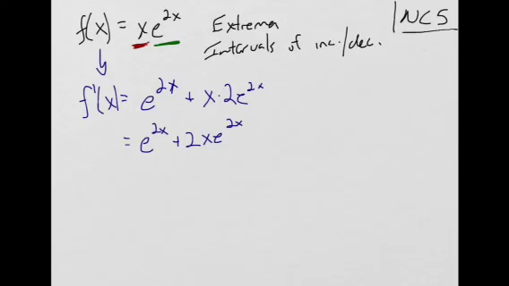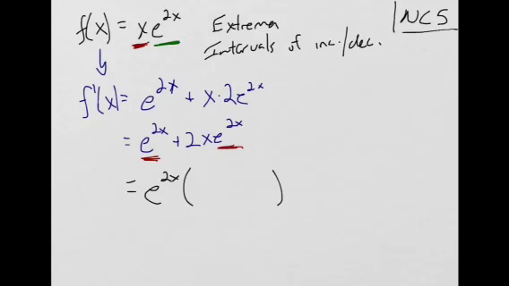Now I need to set it equal to 0, and I can't see when it's 0 in this case. So I look at those two things underlined in red. They're both part of each of those terms. So I can rewrite this as e to the 2x times something.